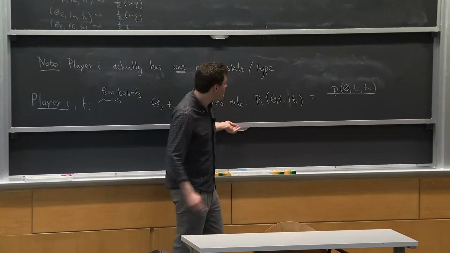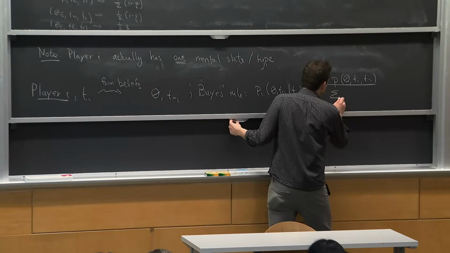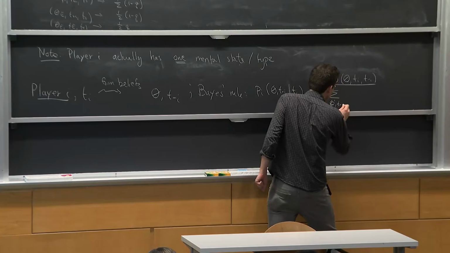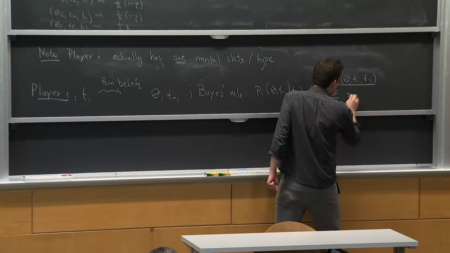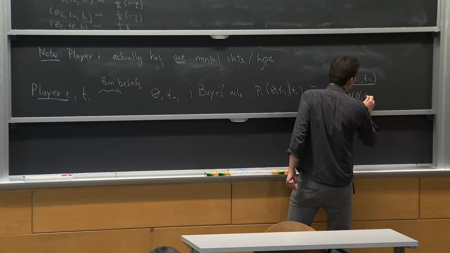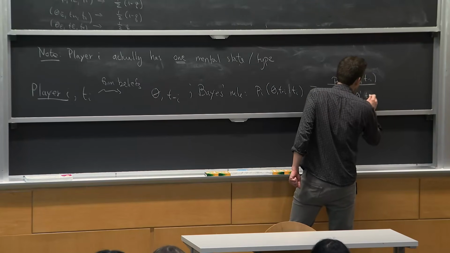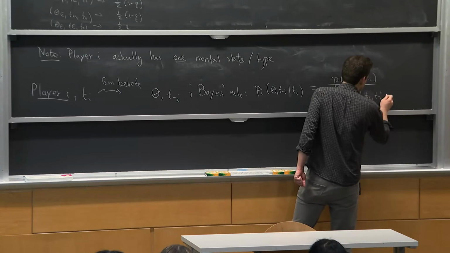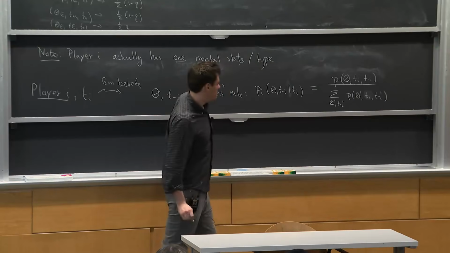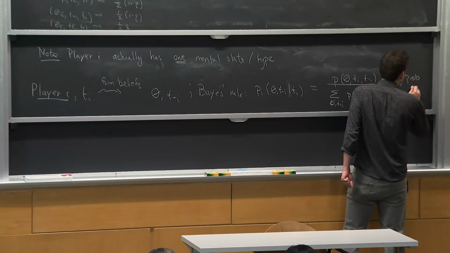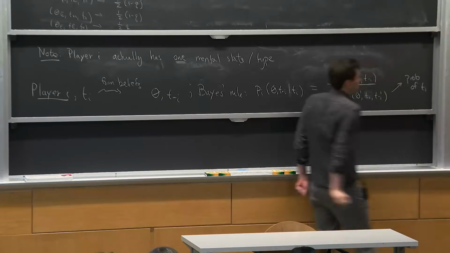This is a little more subtle. It's going to be a sum over all theta prime, T negative I prime of P of theta prime. And in words, this is the probability of Ti.